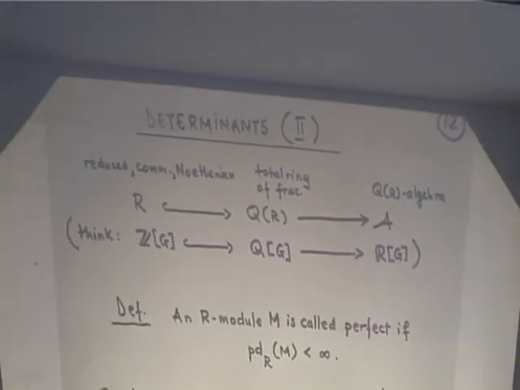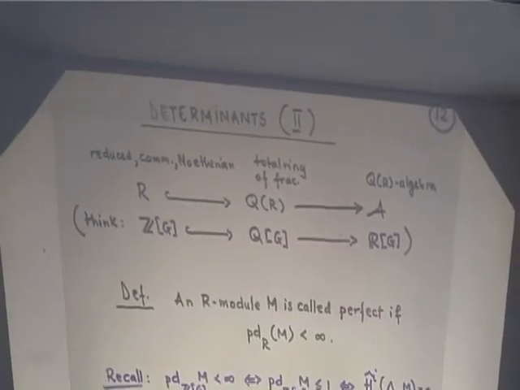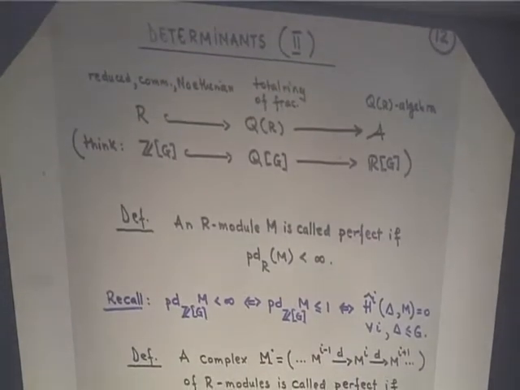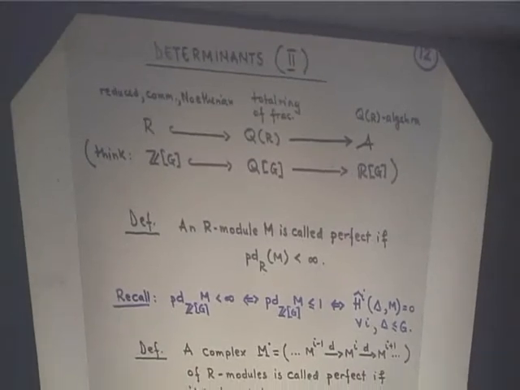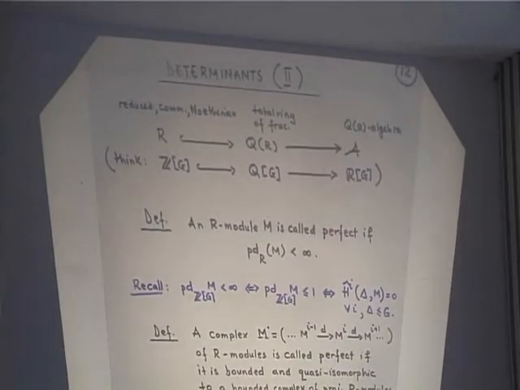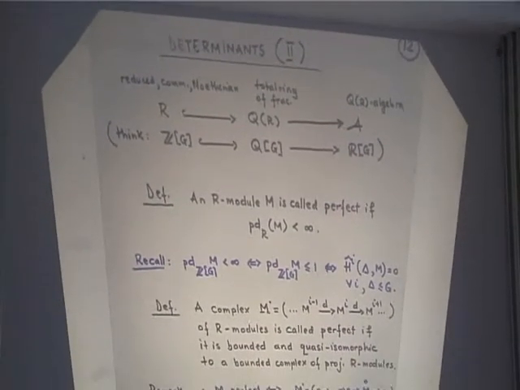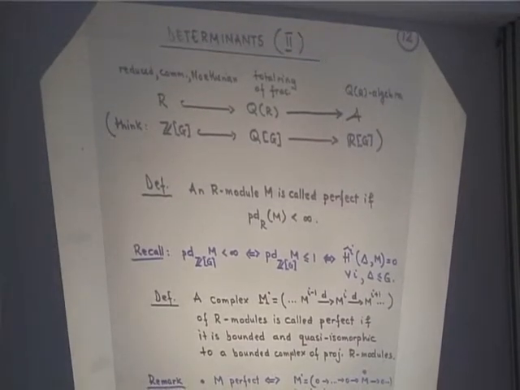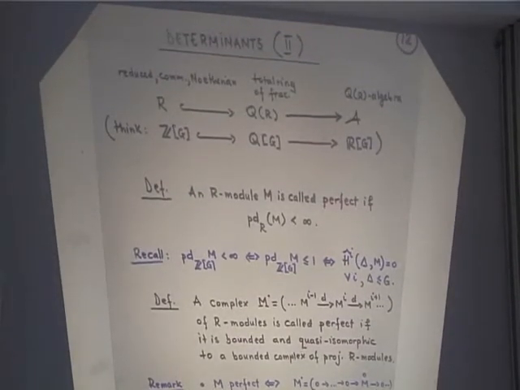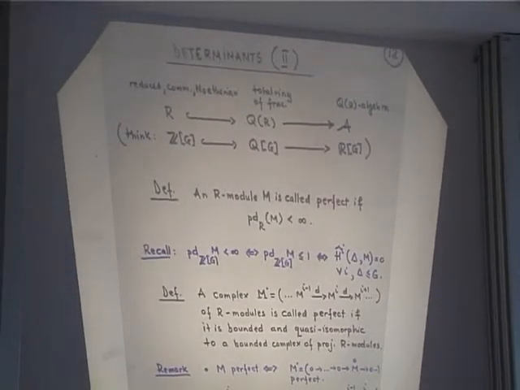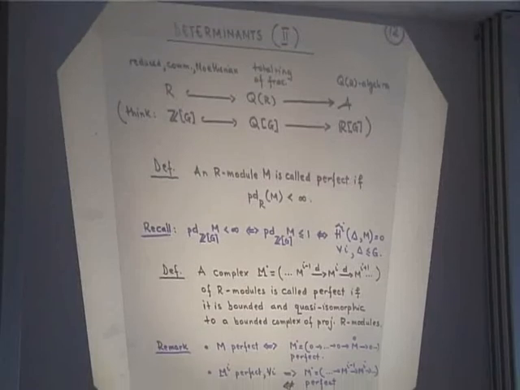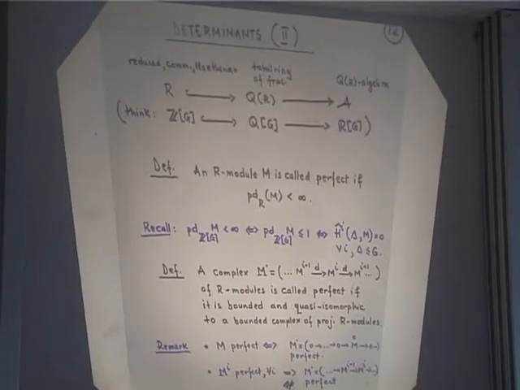Since R is reduced, this Q(R) is going to be a sum of fields. And I'll denote by A a Q(R) algebra, arbitrary for the moment, but what you have to have in mind is Z[G], Q[G], and R[G]. So Z[G] is your ring R, Q[G] is its total ring of fractions, and the Q[G] algebra that I have in mind is really R[G].